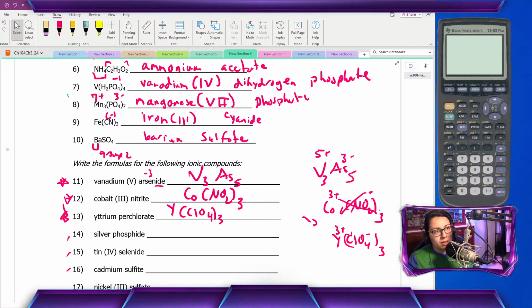And so let's look at these. So we have silver. So remember we said silver was always 1 plus. And then again, we have this "ide" again. So phosphide. So that's going to be phosphorus 3 minus. And so that gives us silver 3, P, Ag3P there for that one.